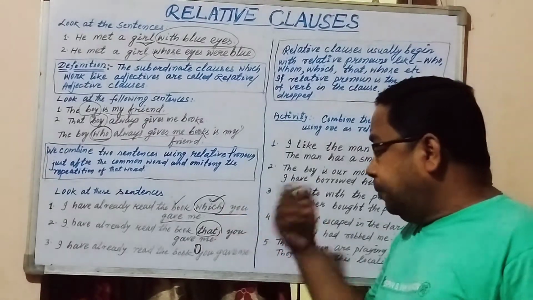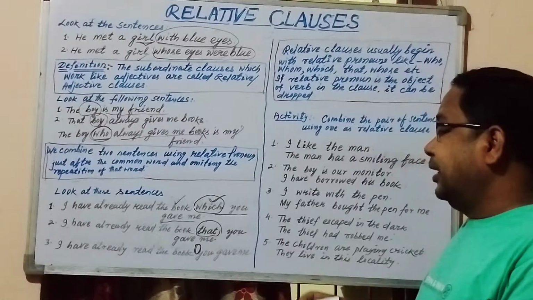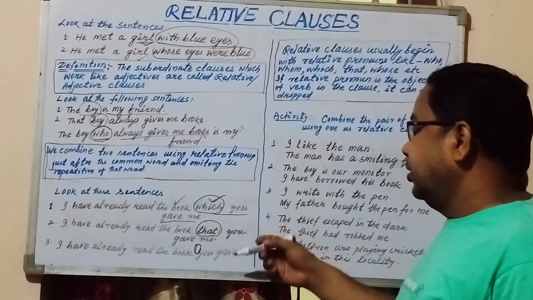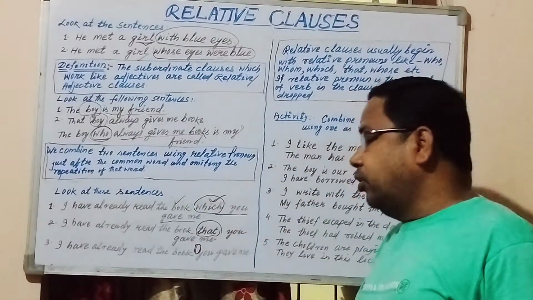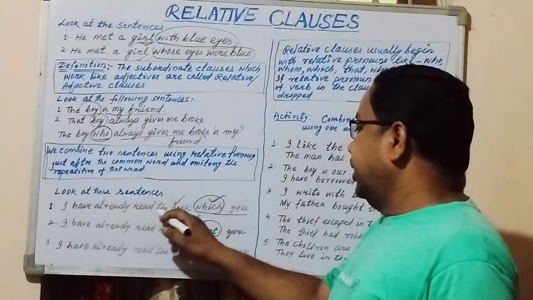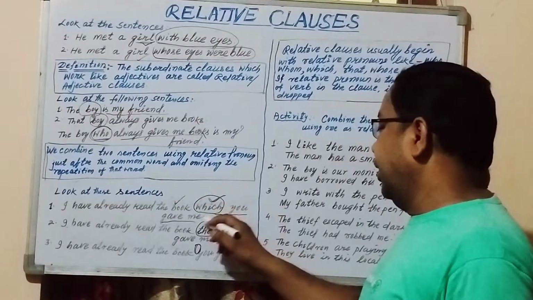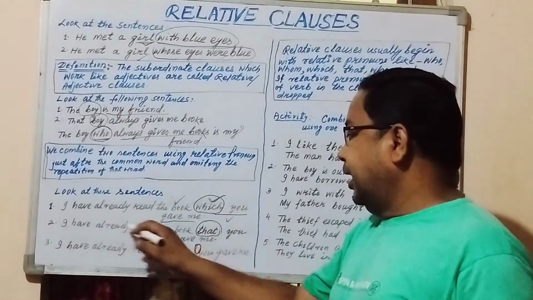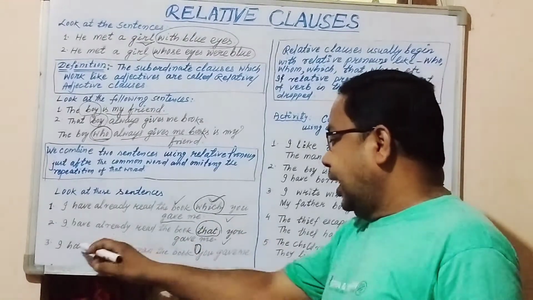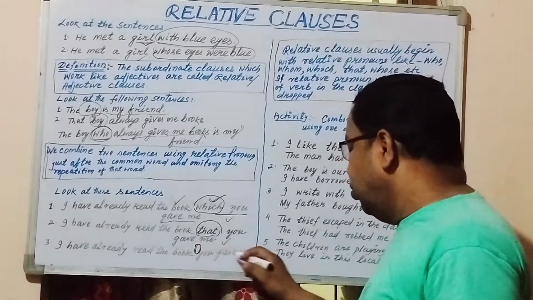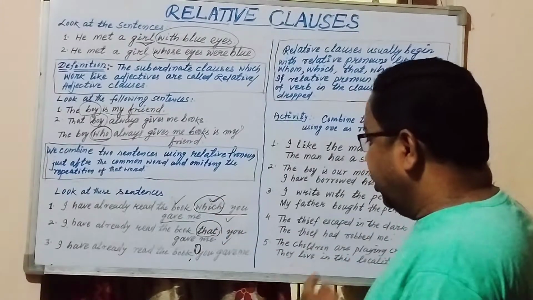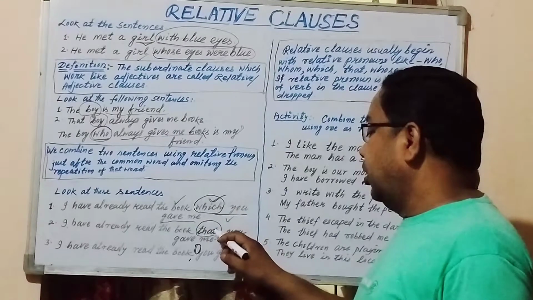If the relative pronoun is the object in the relative clause, then we can omit it. So, I have already read the book which you gave me, is equal to, I have already read the book that you gave me, and equal to, I have already read the book you gave me. Here we dropped the relative pronoun.